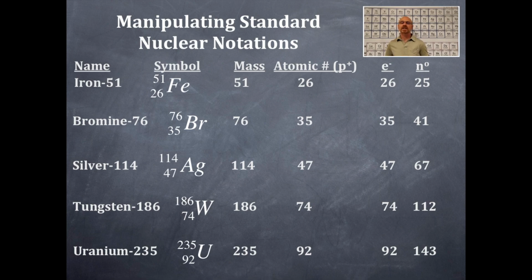You should see that there's a consistency on this table. The atomic number and the number of electrons are the same in the columns there. The masses, of course, correlate to the mass, and that is the A part of the symbolic notation. Hopefully that chart works out well for you. You should be able to bounce back and forth with any part of that information that's given to you.